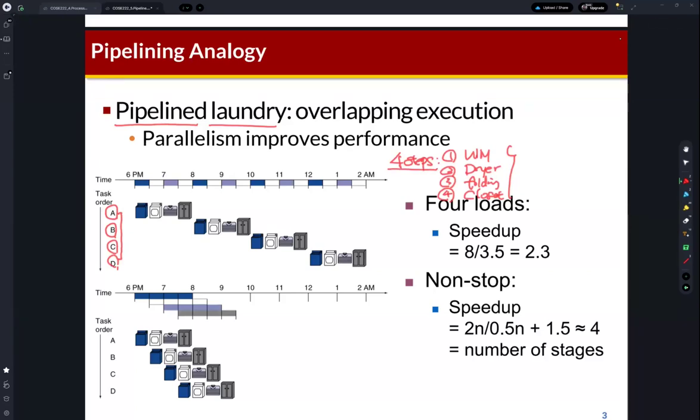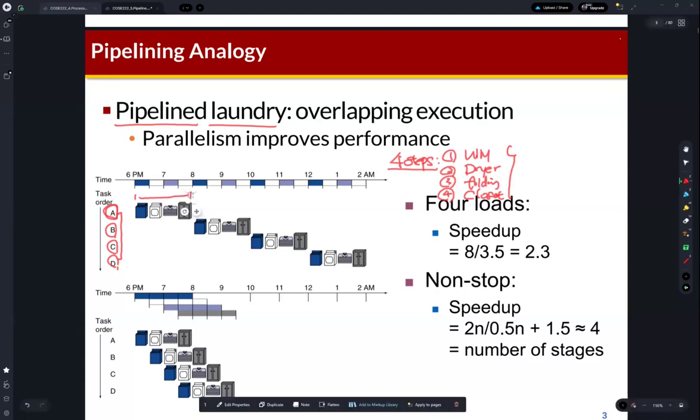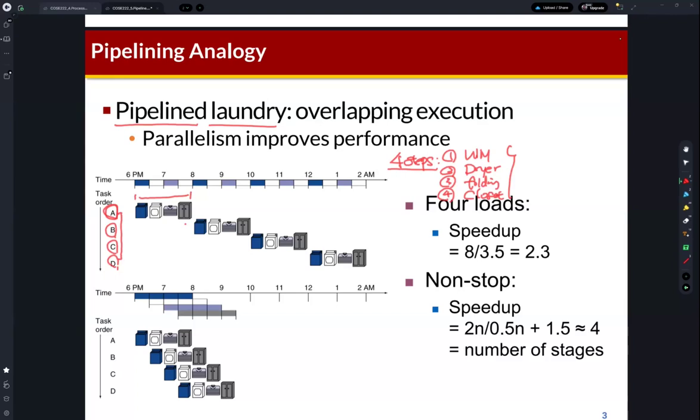So in order to complete a single task, task A, it will take 2 hours, obviously, because there are four steps and every step takes 30 minutes, right? So 2 hours.